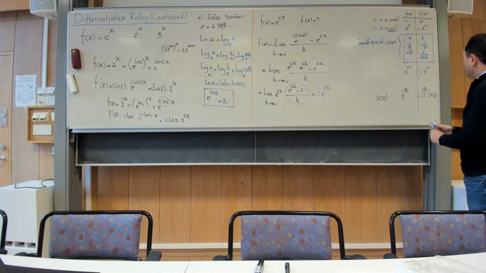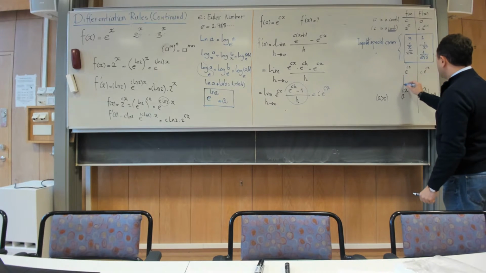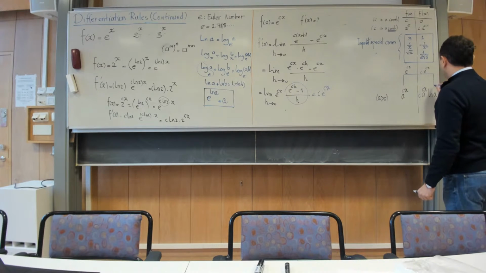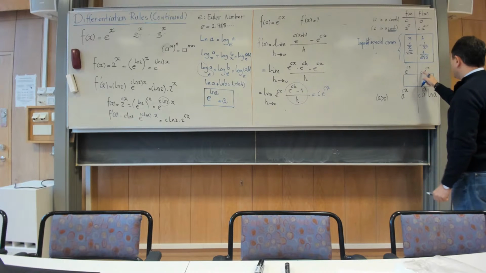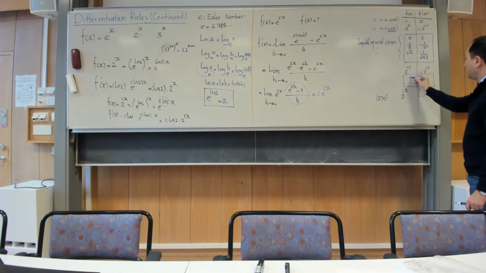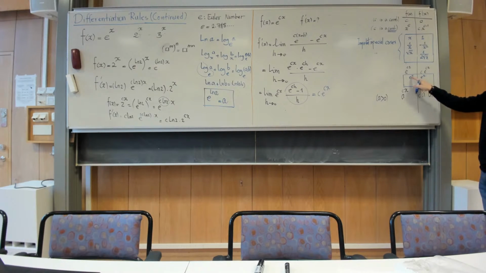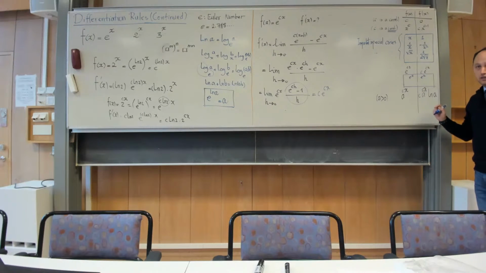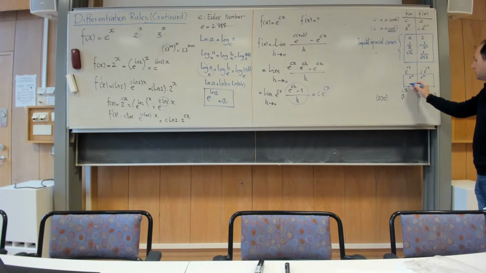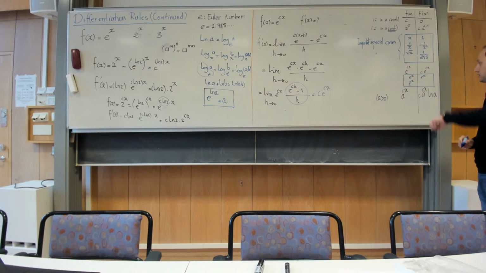Okay, so let me write the special cases here. So special cases for the one above. What happens if I have e to power x? This is famous. Its derivative becomes exactly equal to this. The reason is that here c is equal to 1. Yes? And then what happens if I have e to power minus x?